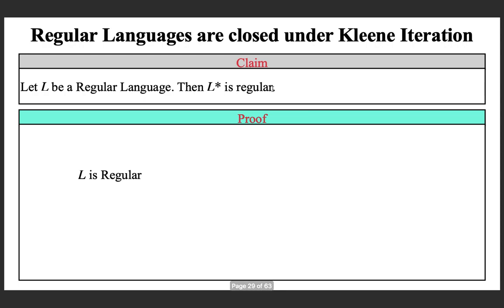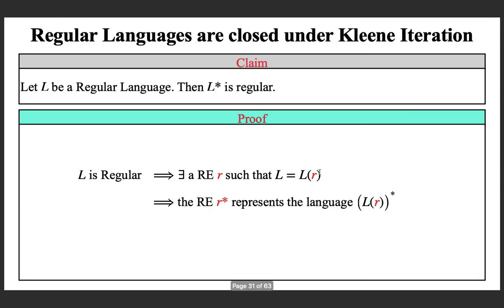Given that L is regular, then here again assume without loss of generality that there exists a regular expression R such that L is the language of R. Then from the definition of regular expressions, we know that R star must be a regular expression representing the star closure of this language.